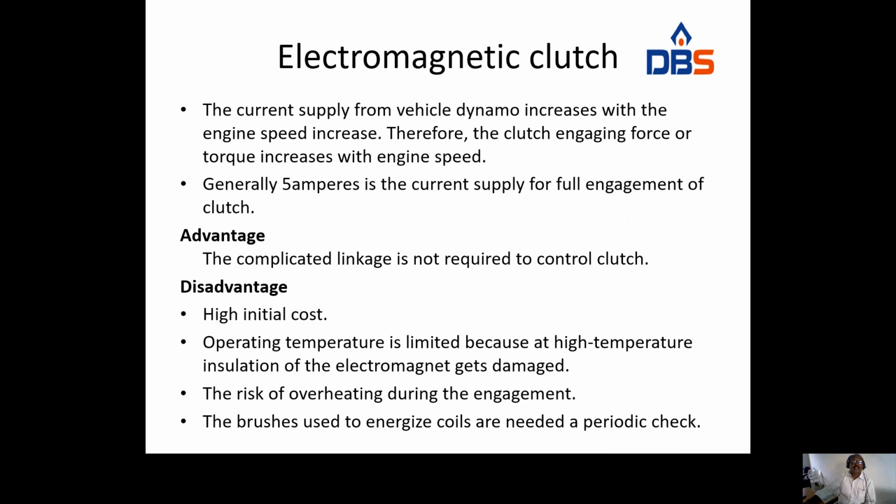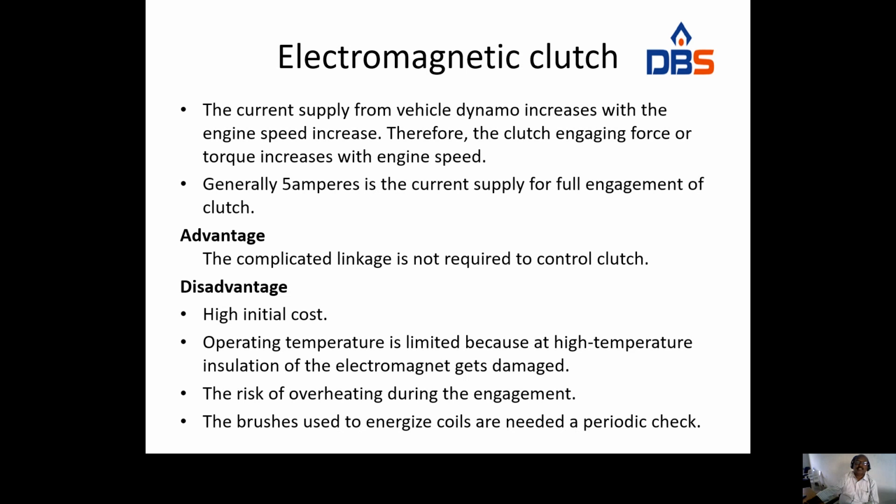In these cases, we supply 5 amperes of current for this electrical winding. You should remember that 5 amperes of current supply, and this current is supplied from the vehicle dynamo, and it increases when speed increases.